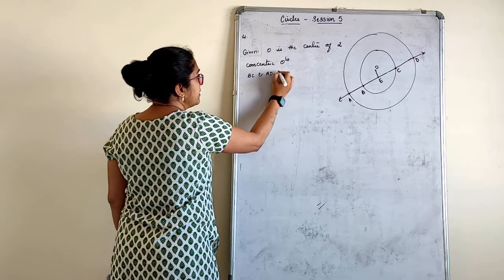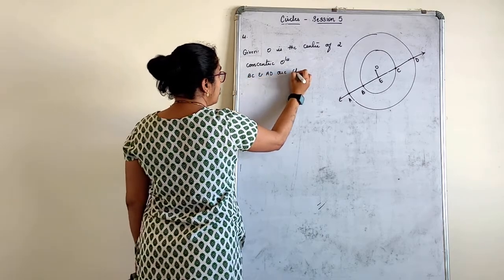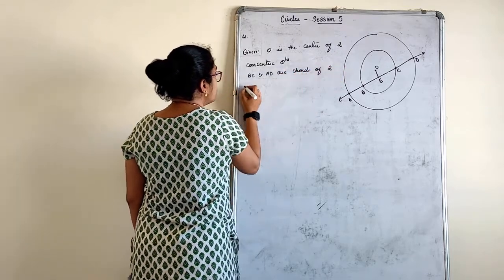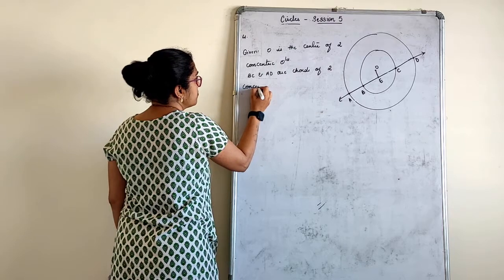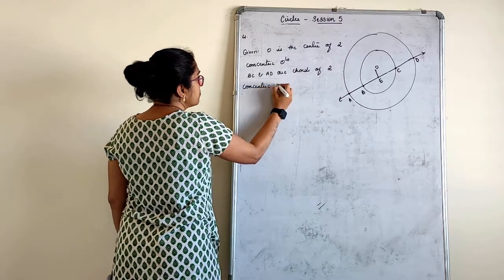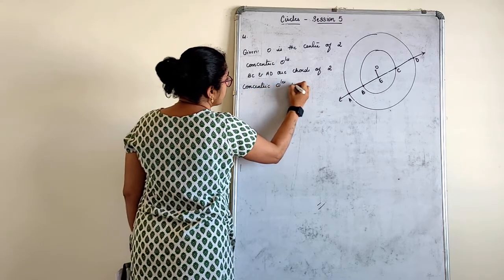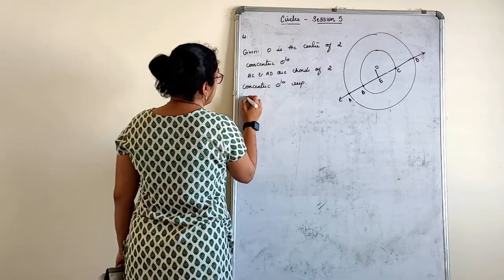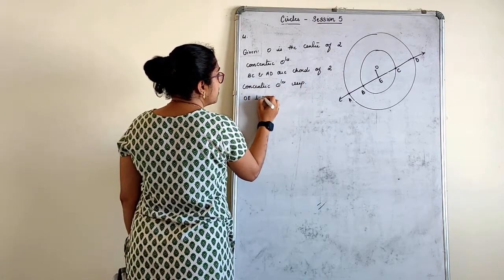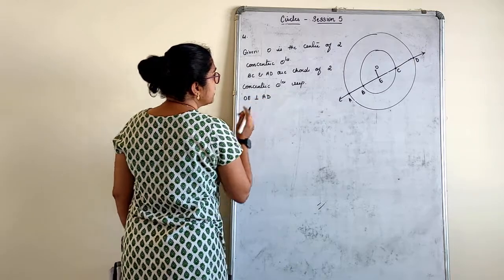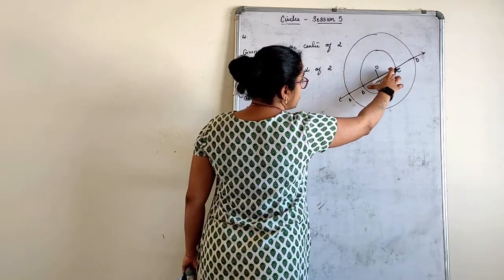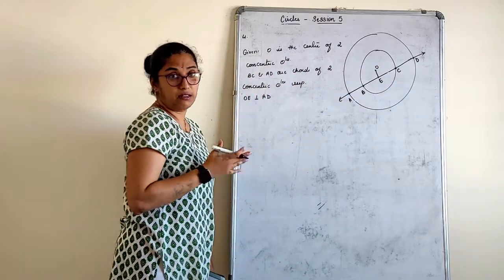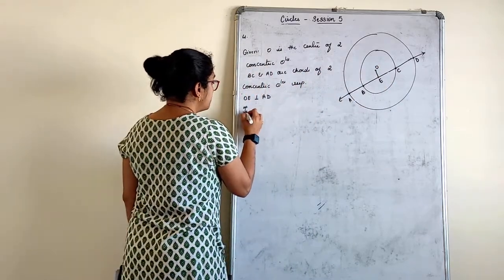BC and AD are the chords of the two concentric circles respectively. OE is perpendicular to AD. See, BC is a chord of the smaller circle and AD is a chord of the bigger circle.